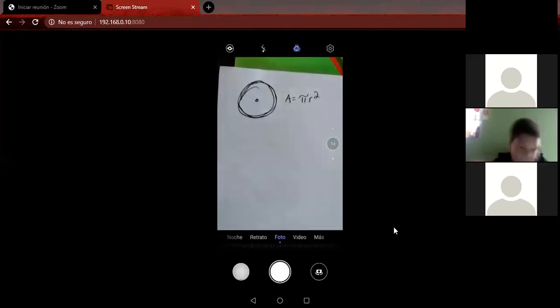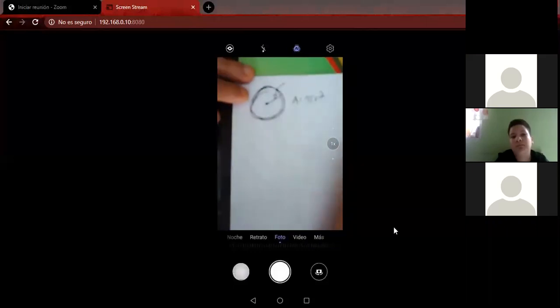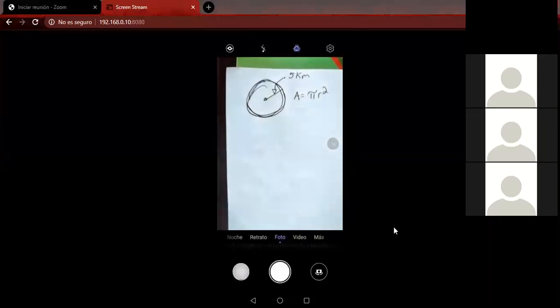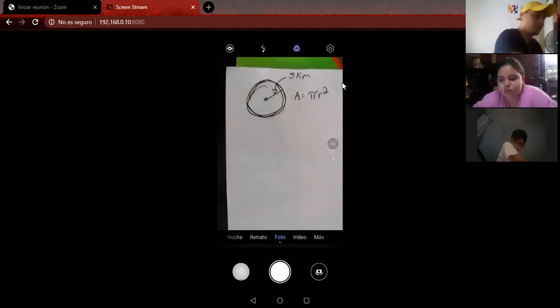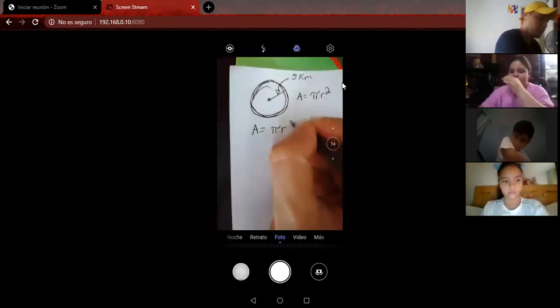Okay. Digamos que este radio, it's 5 kilometers. This radius is 5 kilometers. Okay, now I'm going to write my formula over here.